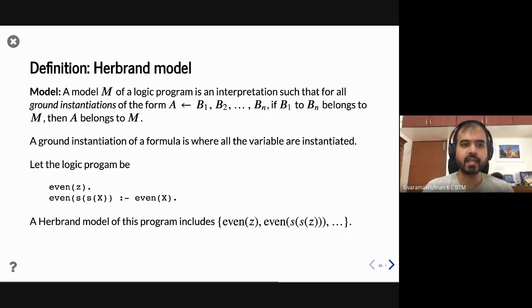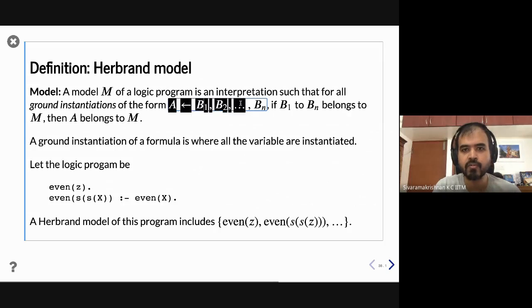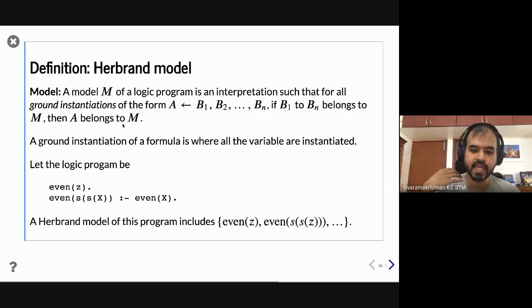And that model is an interpretation, just like what we saw in first order logic, such that for all ground instantiations of the form, so we have rules in logic programs, definite clause programs, whenever you have a rule like this, if B1, B2, B3 up to Bn belong to the model, then A also belongs to the model.